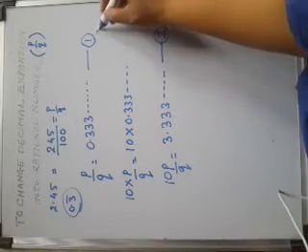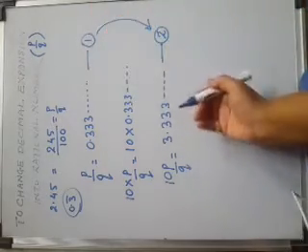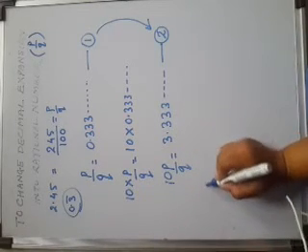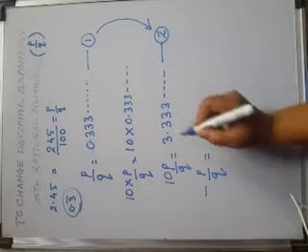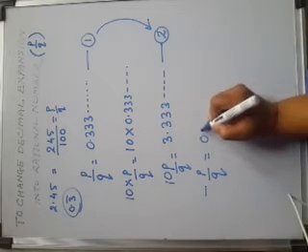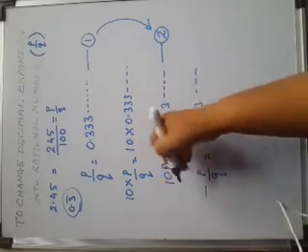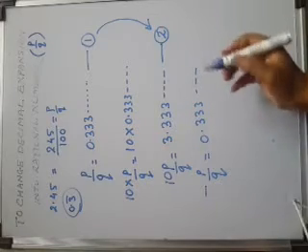Now we will subtract equation number 1 from 2. So I will write down equation number 1 just under equation number 2. I will subtract p/q and here I will subtract 0.333 and so on. Left hand side will be subtracted from left hand side and right hand side will be subtracted from right hand side.